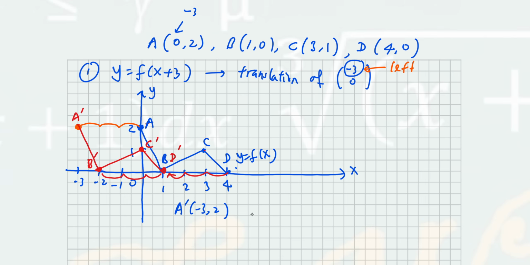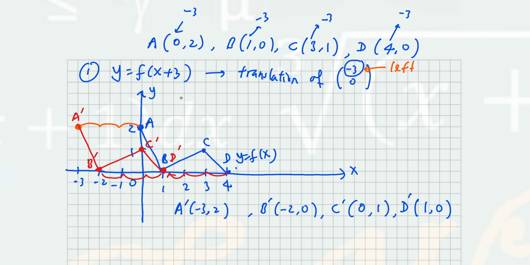Then your B prime will be 1 minus 3, so minus 2, 0, and the y remains. My C prime will be 3 minus 3, that is 0, 1. And my D prime is going to be 1, 0.